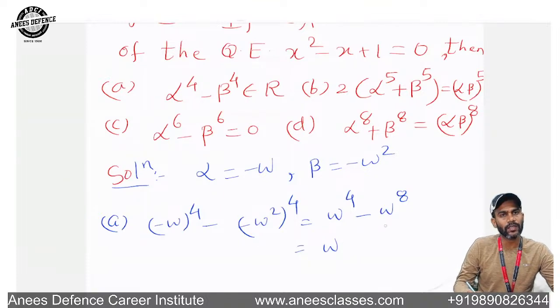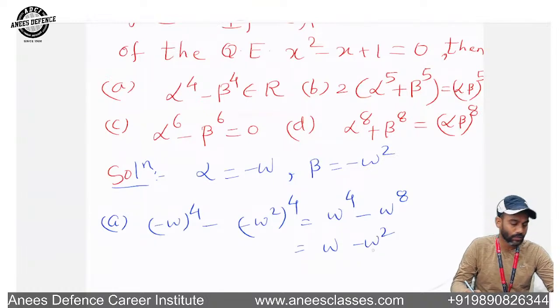Similarly, omega raised to 8 is nothing but omega square, because omega raised to 6 is 1. So it is omega minus omega square, which is not a real number. Yes or no? I hope it is clear. Okay. Now next, B option. What is B option?